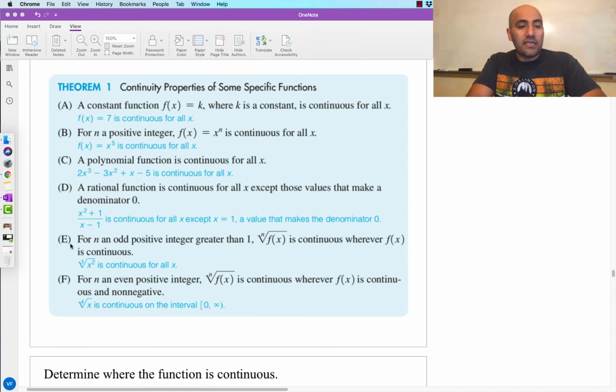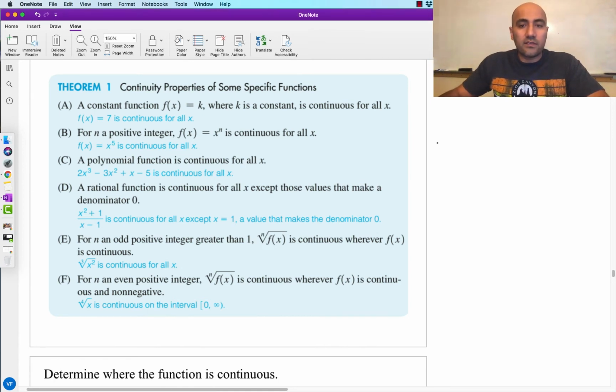Okay, E, for n an odd positive integer greater than 1, this is continuous wherever f of x is continuous. So the nth root of f of x is going to be continuous as long as n is an odd positive integer. Okay, so what does that look like?